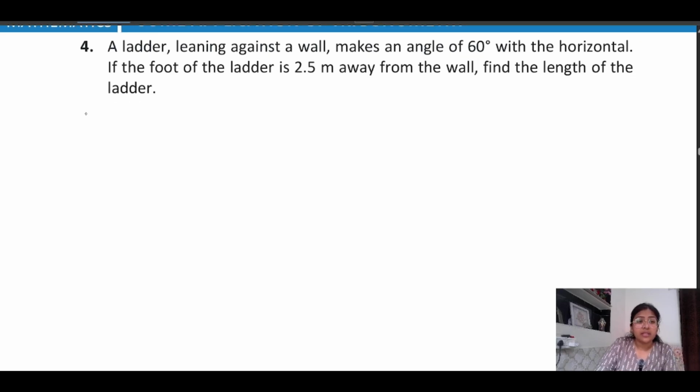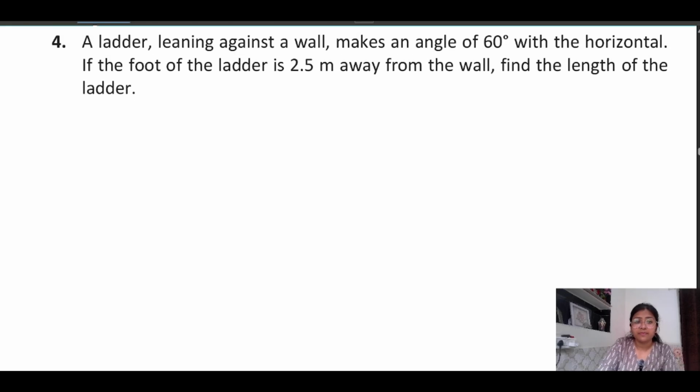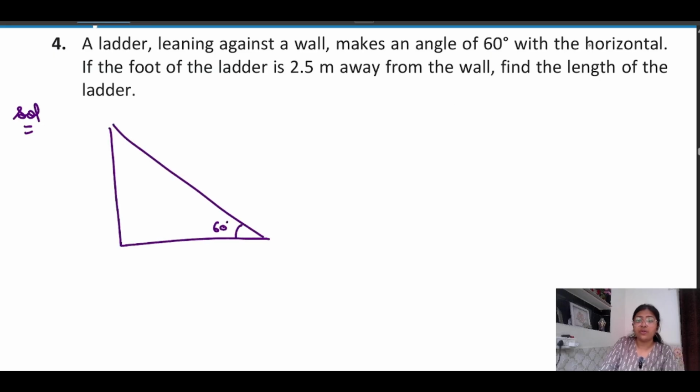Yes, learners, try this question. A ladder leaning against a wall, making an angle 60 degree. The ladder is making an angle 60 degree with the horizontal. If the foot of the ladder is 2.5 meter away from the wall, you need to find out the length of the ladder.